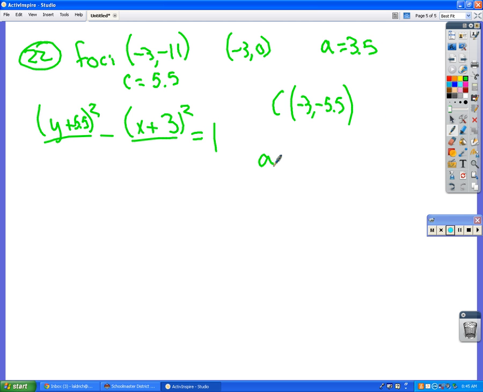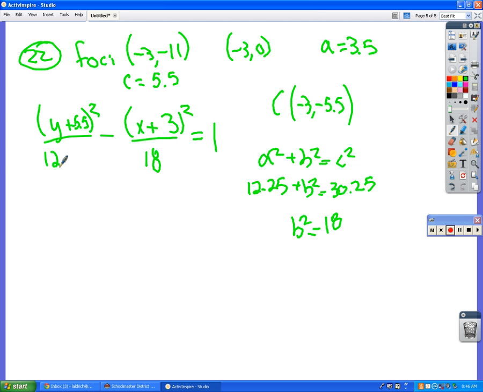So A squared plus B squared equals C squared. So B squared equals 18, it looks like. So 18 goes here, 12.25 goes here.